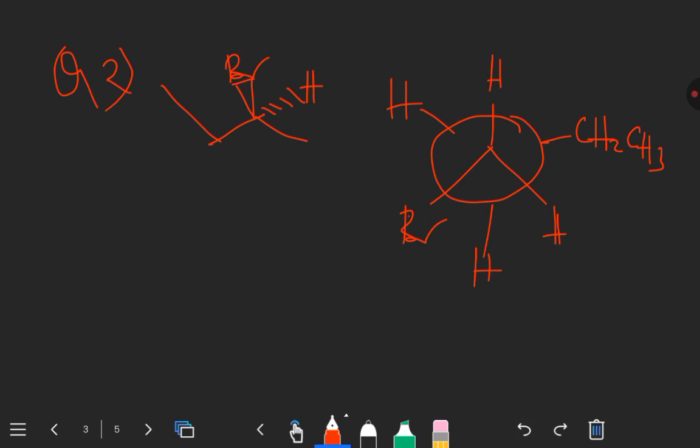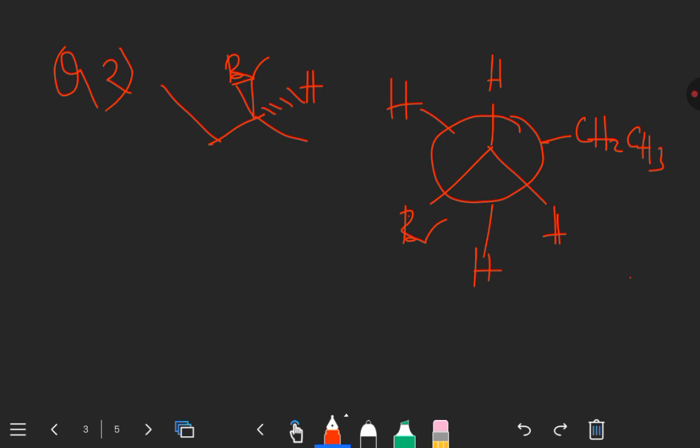Yes, there is some form of chirality, but we can't compare this structure with this one, because these two structures, as they have been drawn here, have chirality on one carbon, but here there's no chirality, because you can see that one carbon is bonded to 2 hydrogens, and in this case also 2 hydrogens.